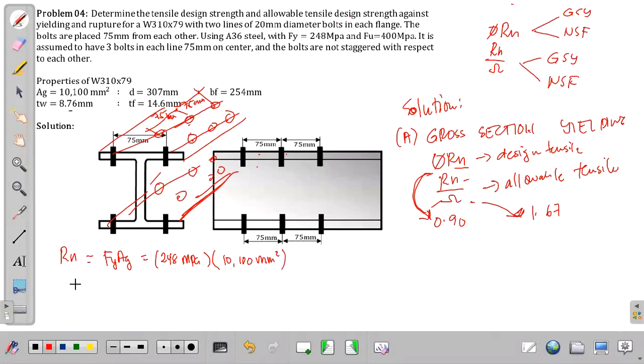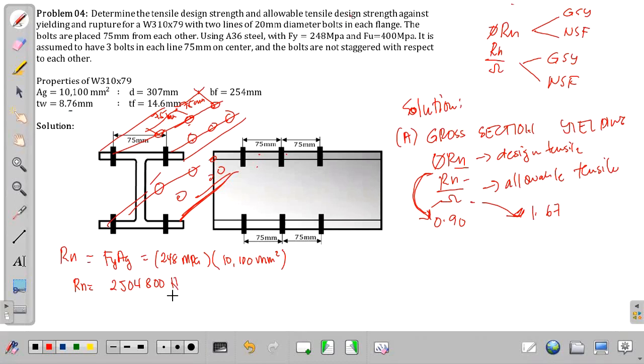So kindly solve for our Rn value. So what will be now our value for Rn? That is equal to how much is our value for Rn? 2,480, ma'am. 2,000 ilan? 2 million, ma'am. 2,504,800.